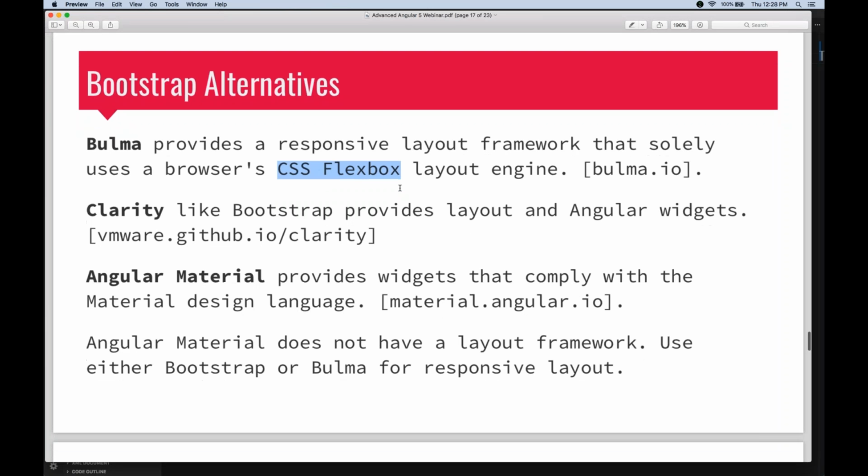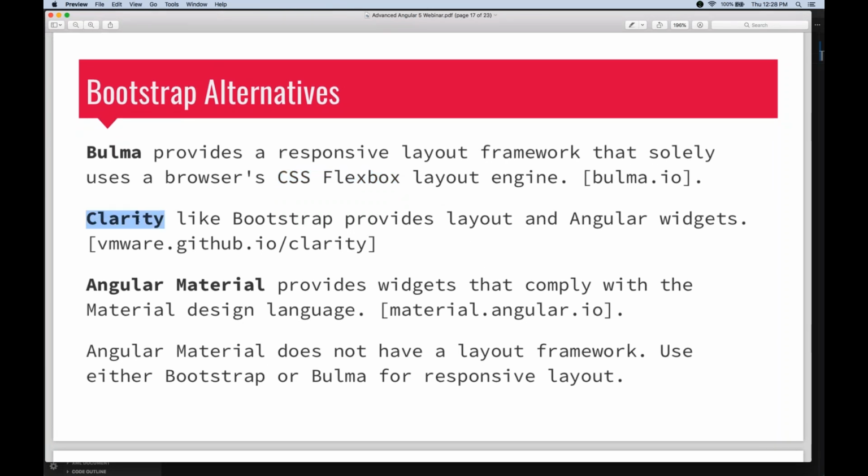Then we have the Clarity project. It's a project made available by VMware. Clarity is very much like Bootstrap, very much an equivalent to Bootstrap. It gives us both responsive layout as well as widgets. One thing about these widgets is that they are natively implemented in Angular, whereas for Bootstrap, the native implementation is jQuery, and a separate project, ng Bootstrap, ports them over to Angular.